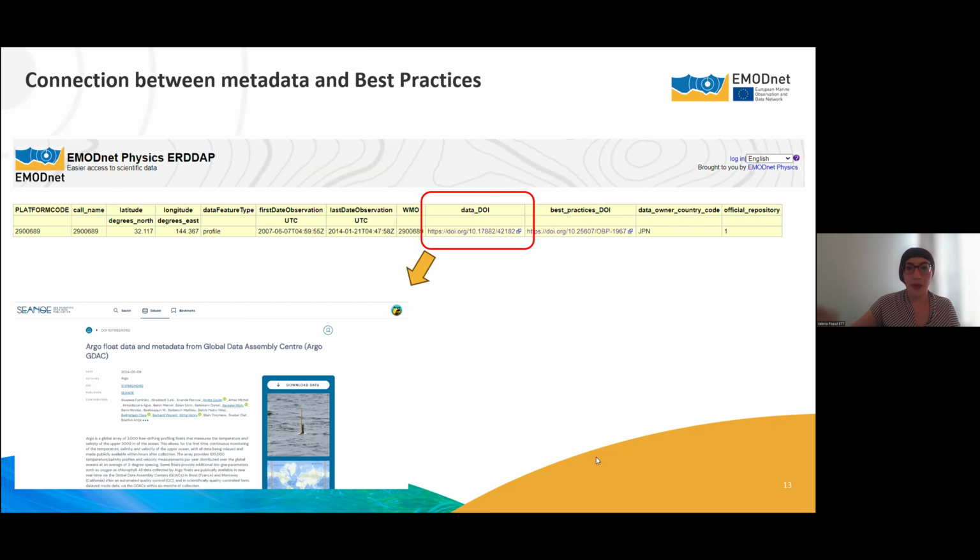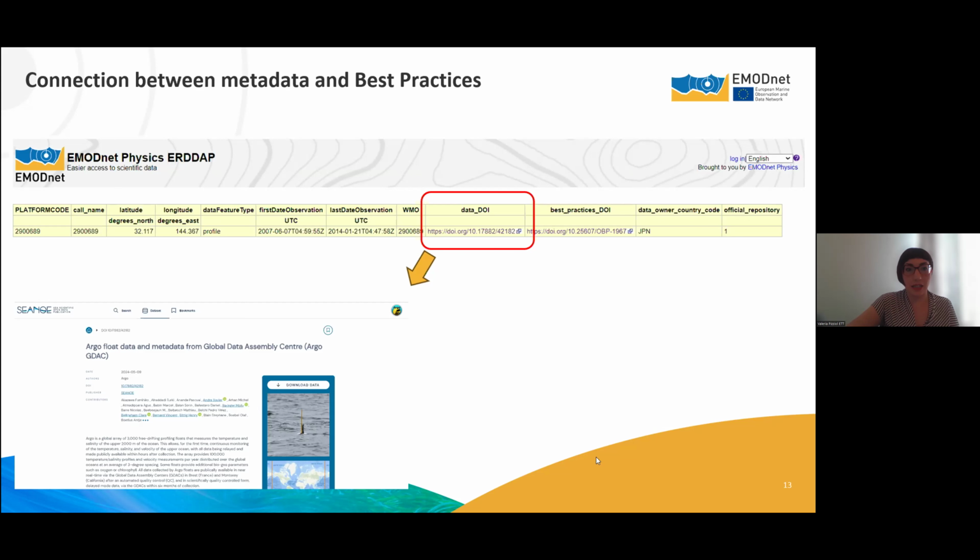For example, we have the information that answers the question of where the data has been collected and when it has been collected, but the link with the best practices is how the data has been collected, because the methodology, which also allows us to calibrate better and in less time the instruments that we use to get data, is linked to the methodology and to the best practices.